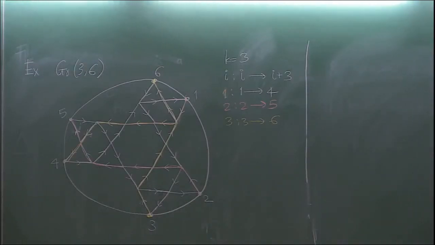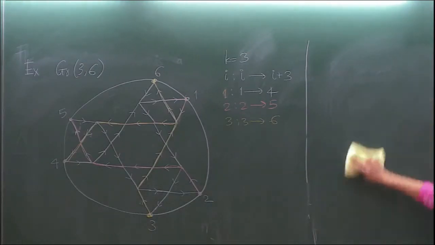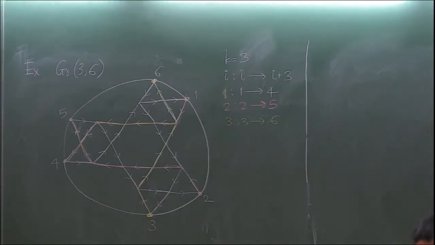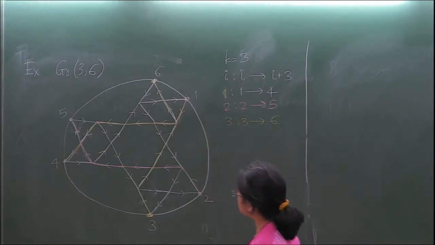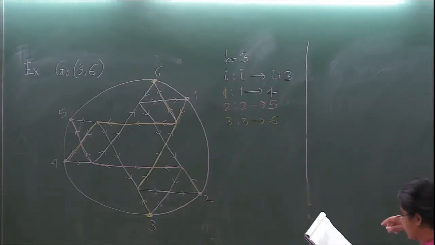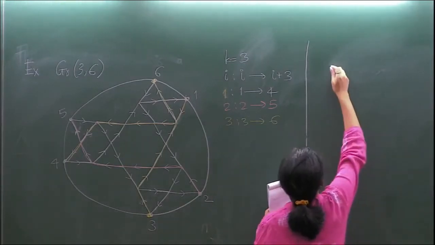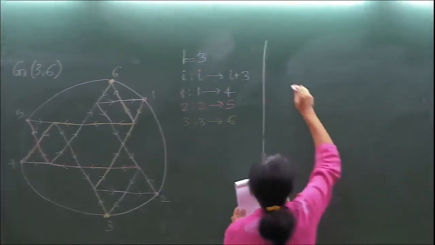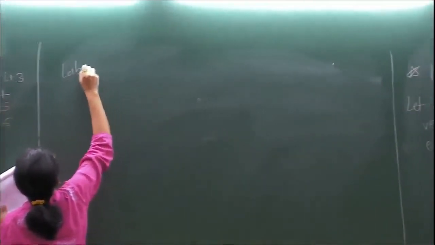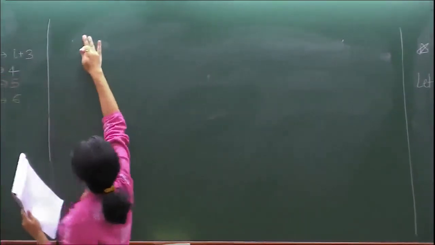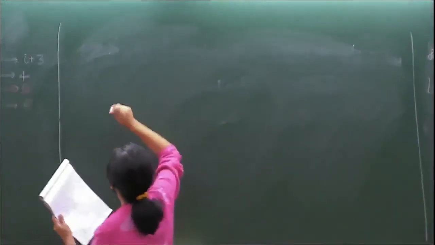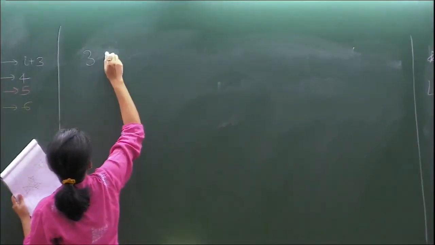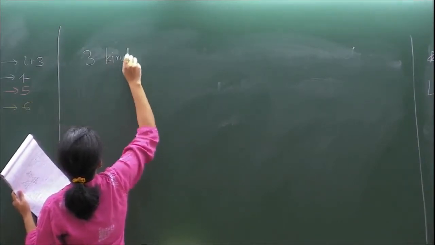So again, this is not a quiver. This is just a strand diagram. And now I will label the regions. There are 3 types of regions in this diagram. We label only certain regions.